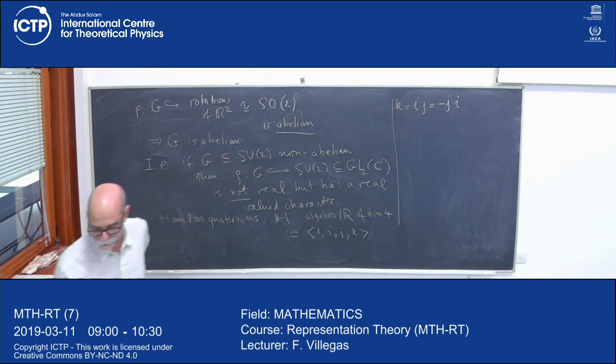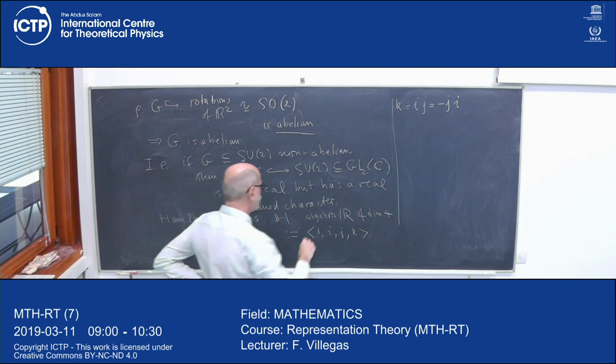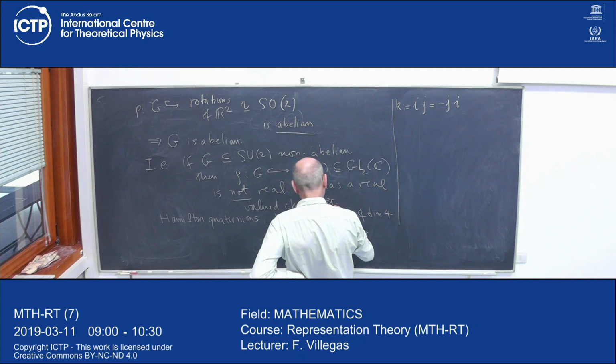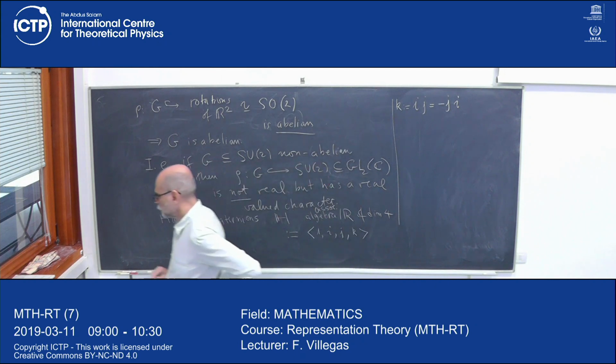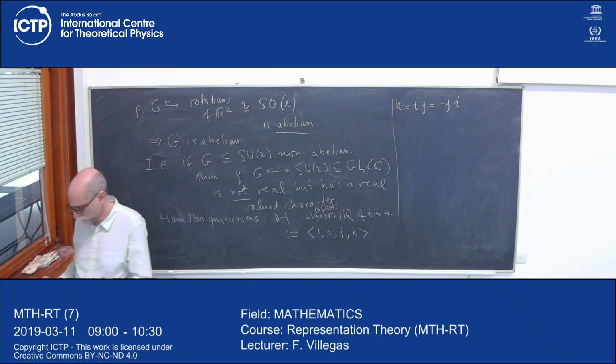And from there, it is an associative algebra. With associativity and these rules, you know how to multiply any elements of the algebra.